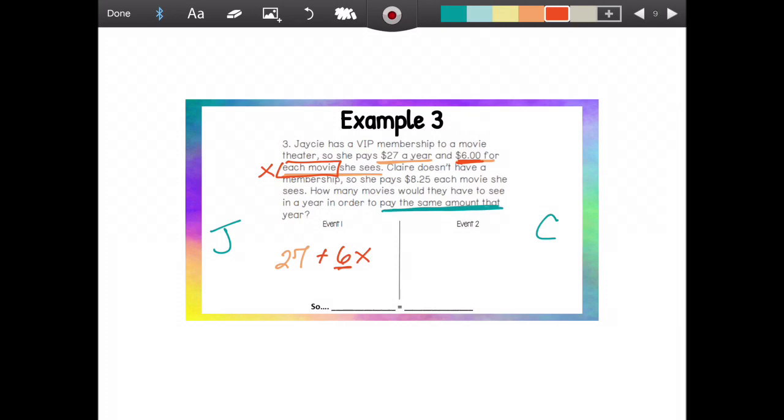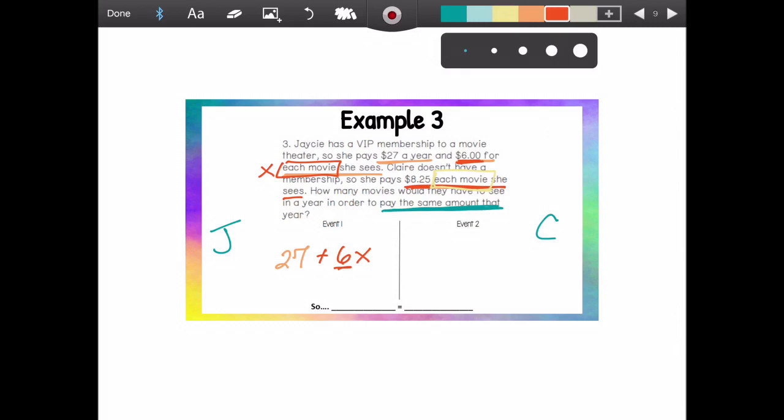Okay, Claire. It says Claire doesn't have a membership, so she pays $8.25 for each movie she sees. All right, so unlike JC, we're not given a number to start, but it does tell us that she pays $8.25 for each movie she sees. So it doesn't tell us how many movies she sees.